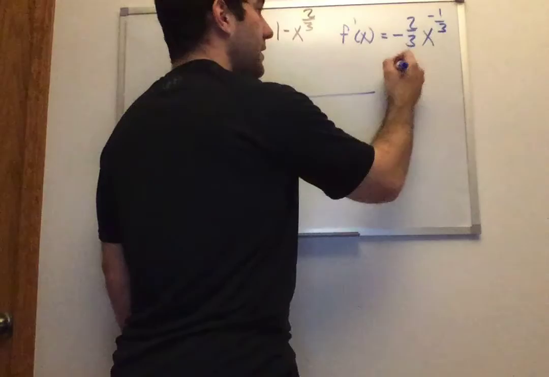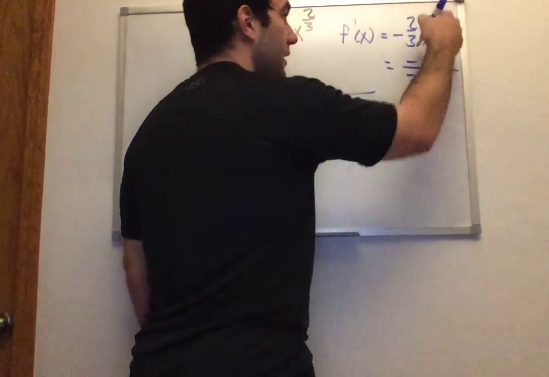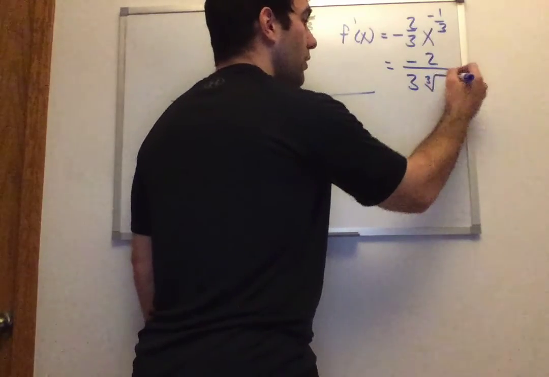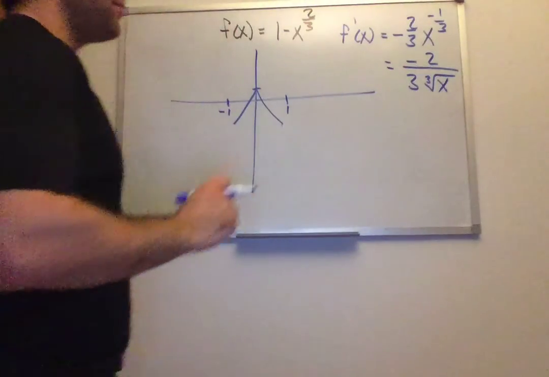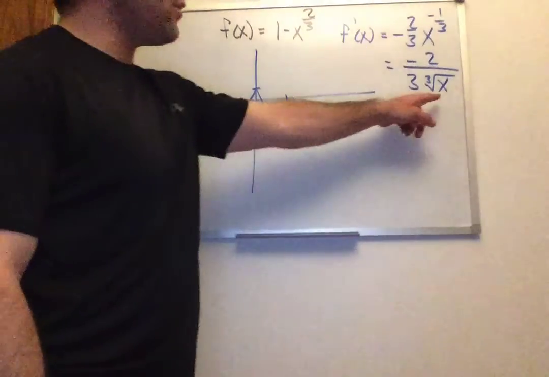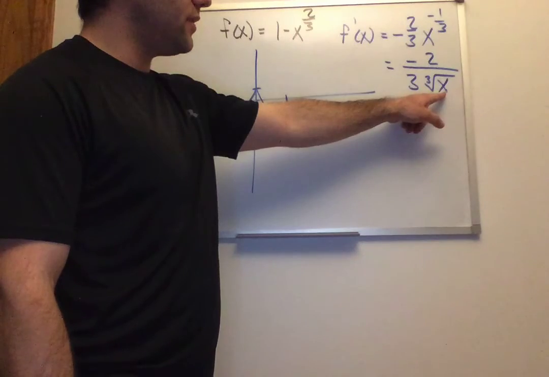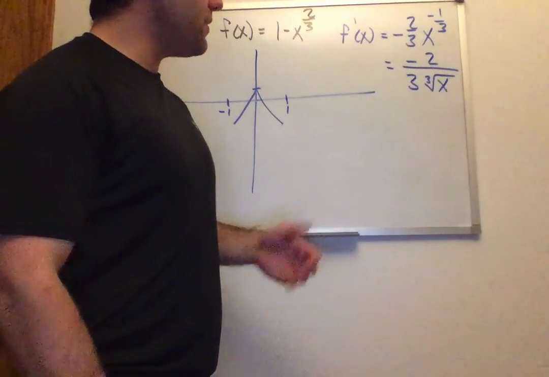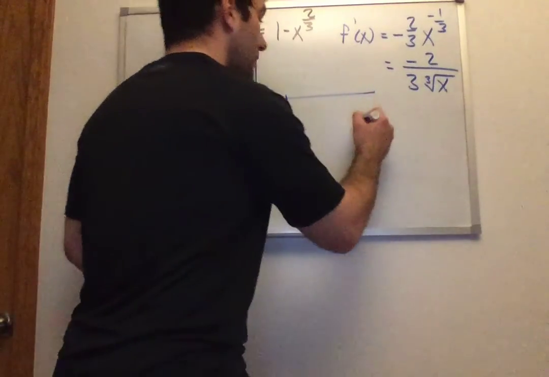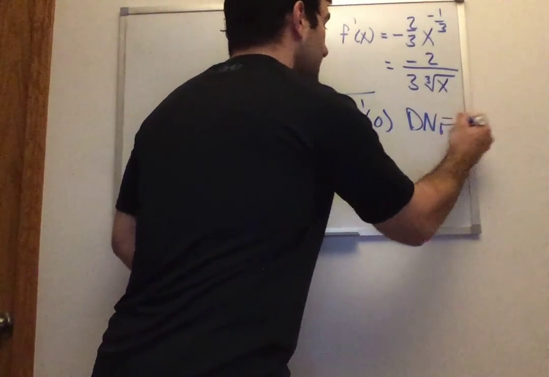So I'm going to rewrite this as -2 divided by 3, and then this is a cubed root of x. As you can see, at 0, if I plug 0 into here, it's a bad number. The derivative doesn't even exist. f prime of 0 does not exist.